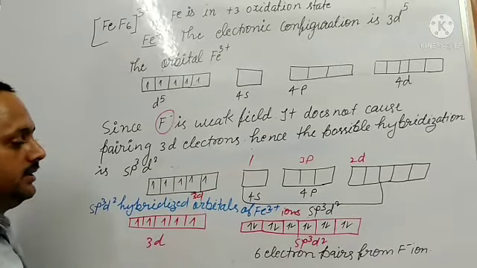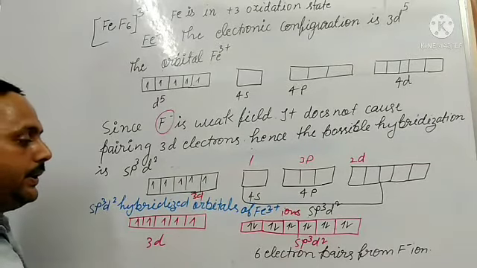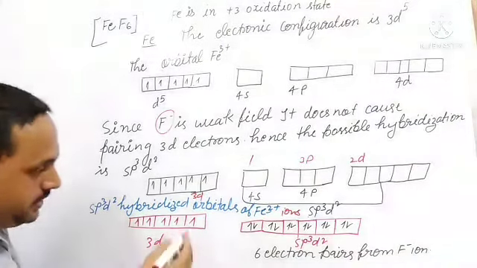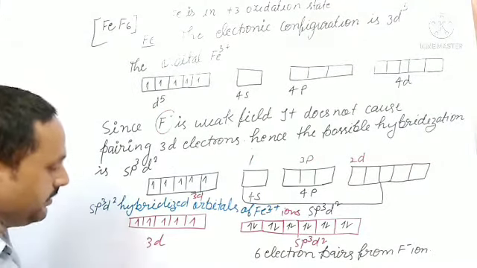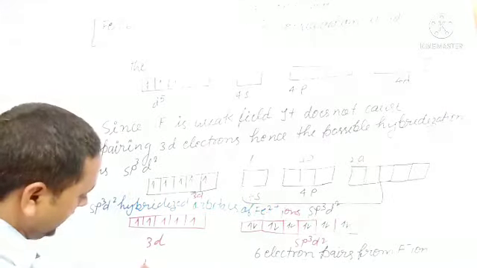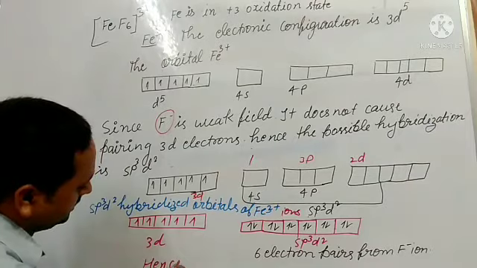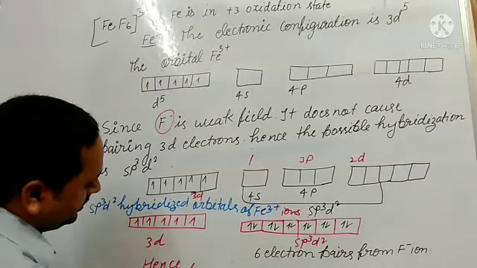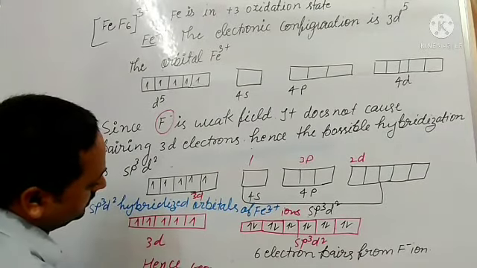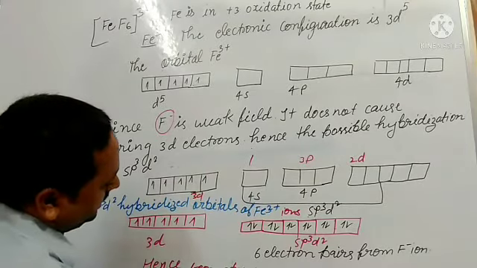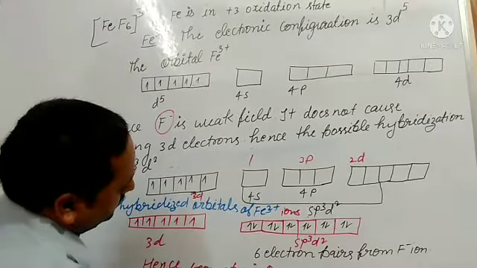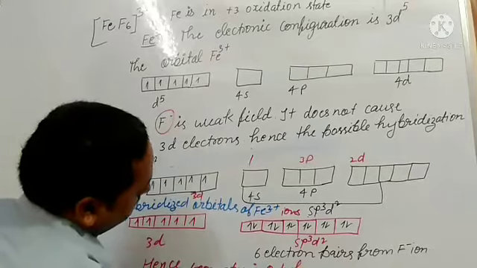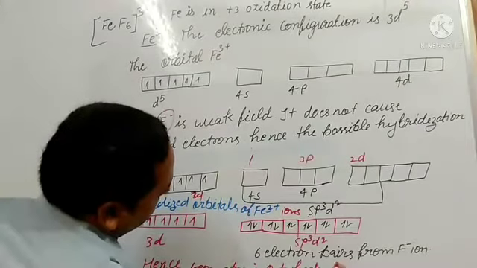Hence we can write what is the symmetry. That is an sp3d2 hybridized complex. So what will be the symmetry? Symmetry will be octahedral. Hence geometry is octahedral.